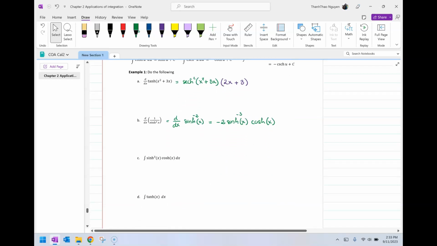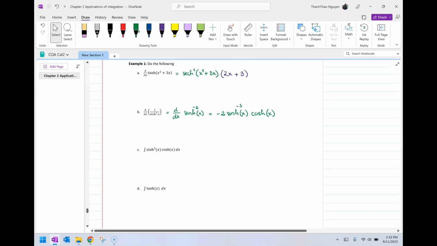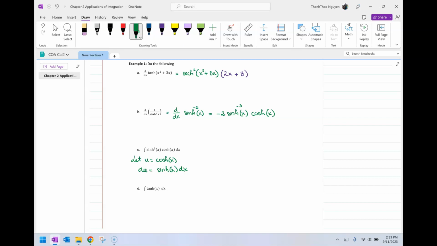Now here in this case, we want to take the integral. So we will use u substitution here. I'll let u equal cosh of x. Then du equals sinh x dx. So I can see here it didn't help me much, right? So let's rewrite this, let's change this a bit.